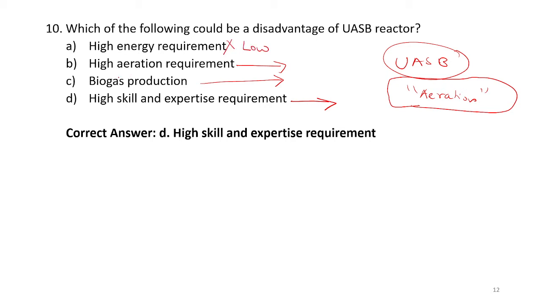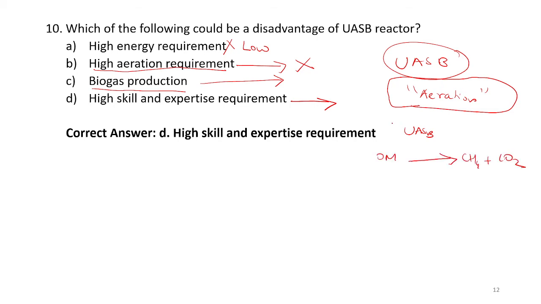Then option B says high aeration requirement. Anaerobic process is the process in which all the organic matter is converted to methane and carbon dioxide in the absence of oxygen. As the process happens in the absence of oxygen, there is no need for providing any aeration. So this is also a wrong statement. Option B is incorrect. Then we are talking about biogas production. In the USB process, all the organic matter is getting converted to methane and carbon dioxide.